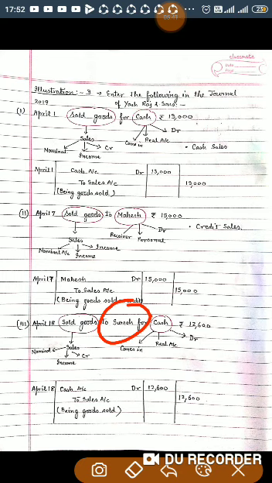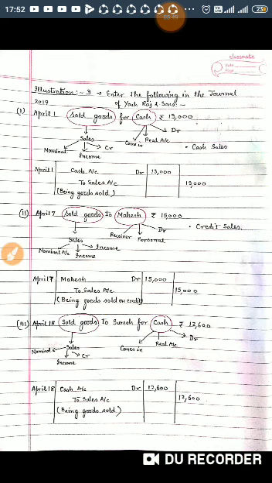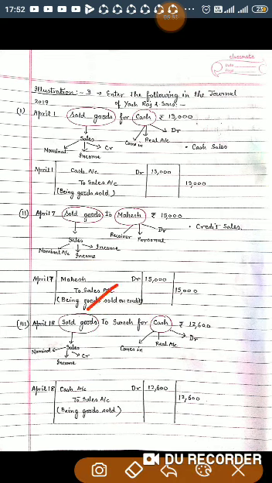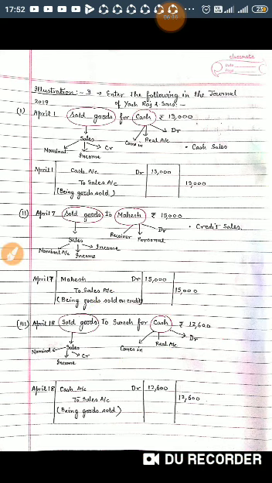So two accounts are relevant: sold goods and cash. Sold goods, that is the sales account, is a nominal account and an income for the business, so it should be credited, and cash is a real account that comes into the business, so it should be debited. So the journal entry will be cash account debited to sales.